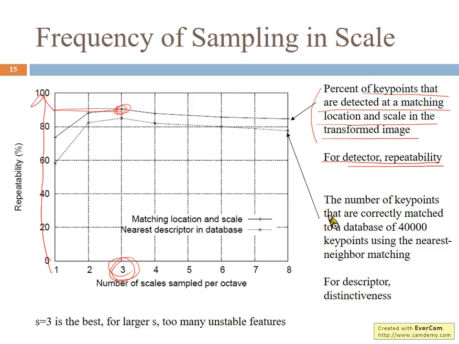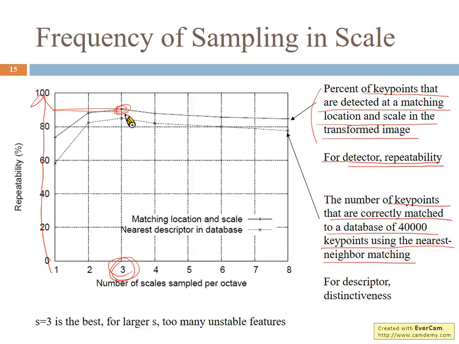The dash curve means the number of key points that are correctly matched to a database of 40,000 key points using nearest neighbor matching. So when we detect such key points, we describe them as feature vectors.